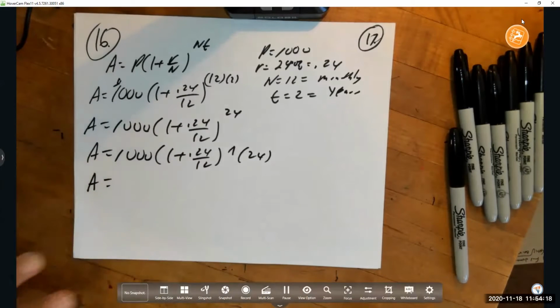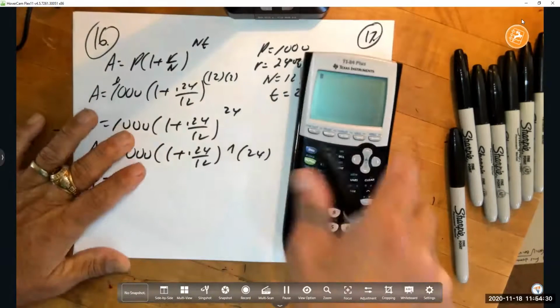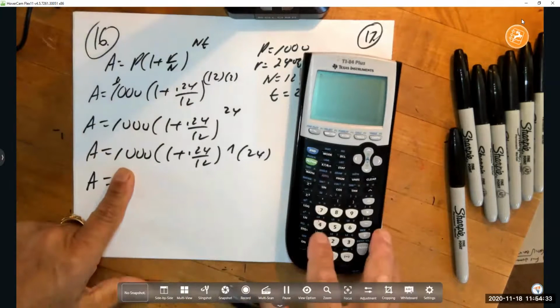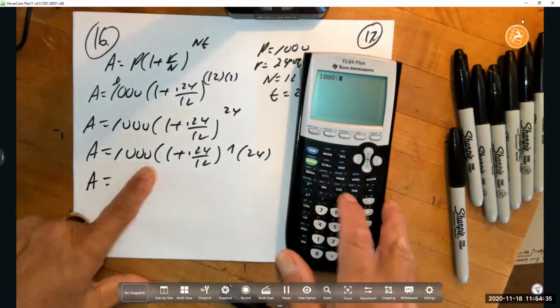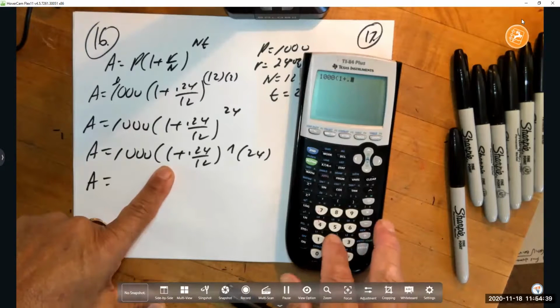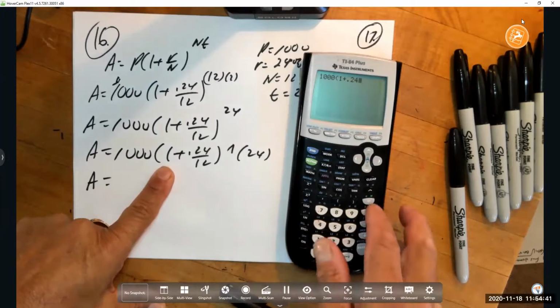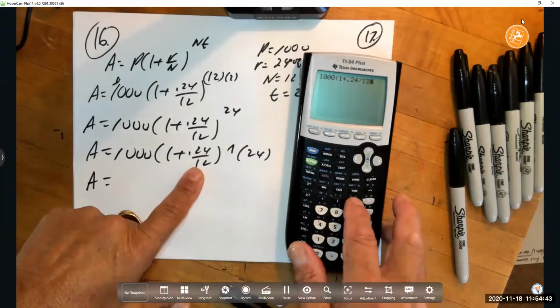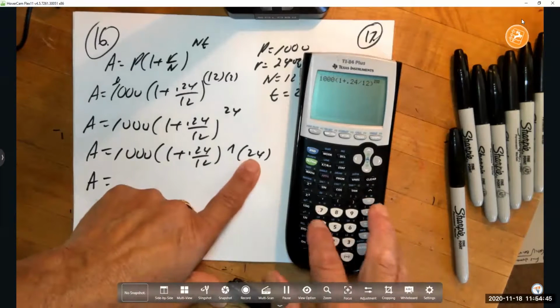So calculator, still in the calculator. Okay, calculator. Alright. So 1,000 parentheses 1 plus 0.24 divided by 12 to the power of 24.